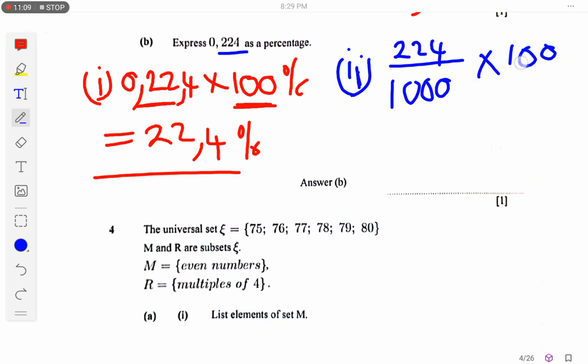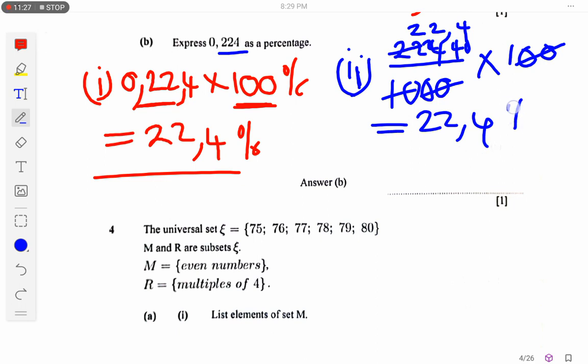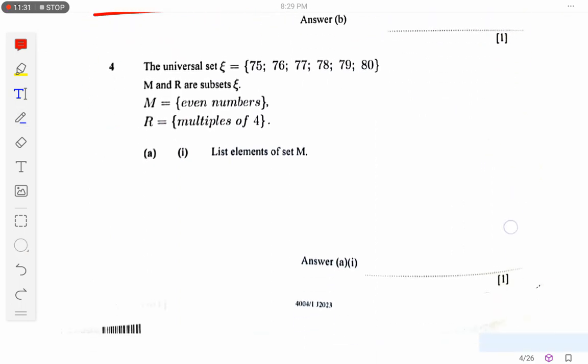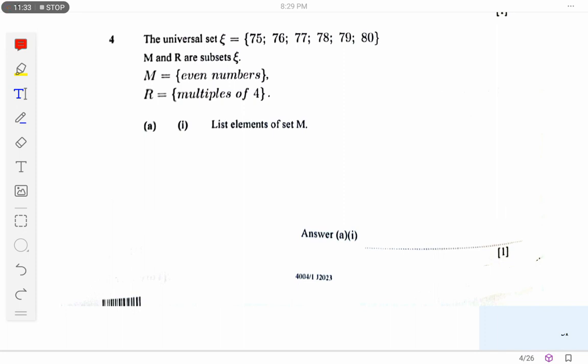So I can cancel off these zeros. Then I'm going to say 10 into 22, that's a 2. 10 into 20, remainder 2. 10 into 24, that's another 2, comma. 10 into 40, that will be a 4. So we get our 22.4%. Okay, fine. Let's move on. Number 4.